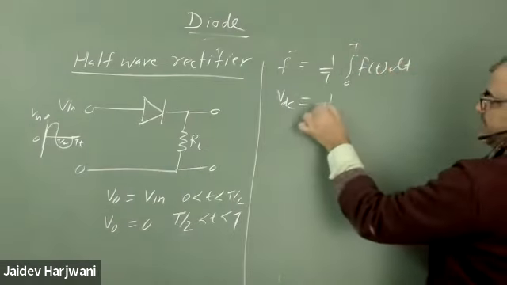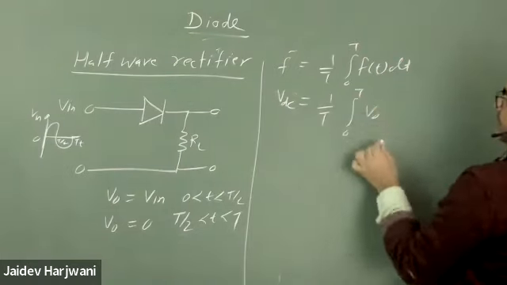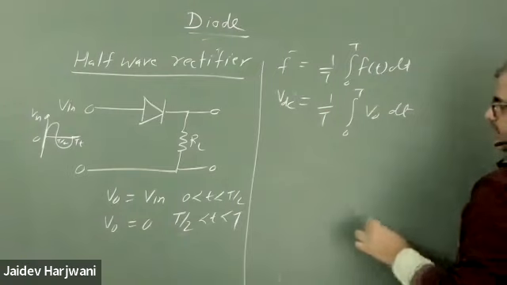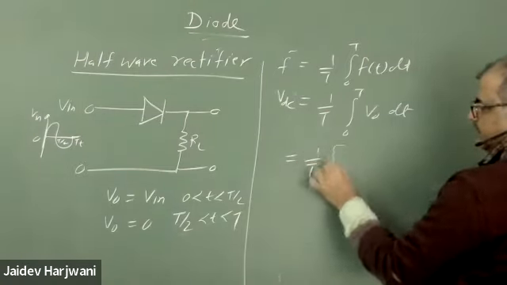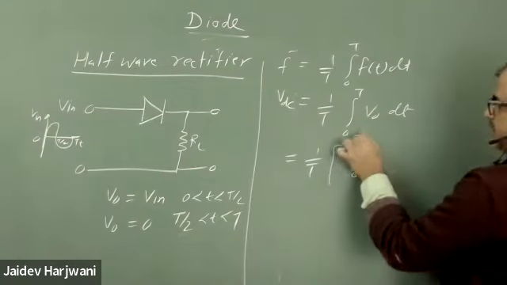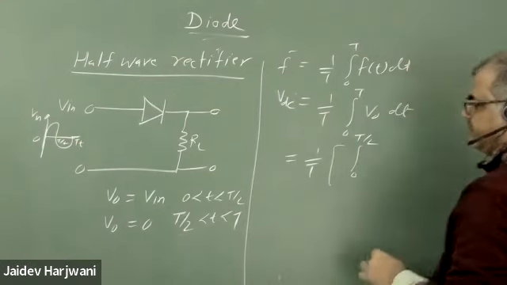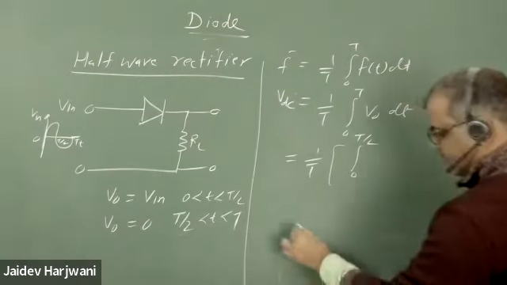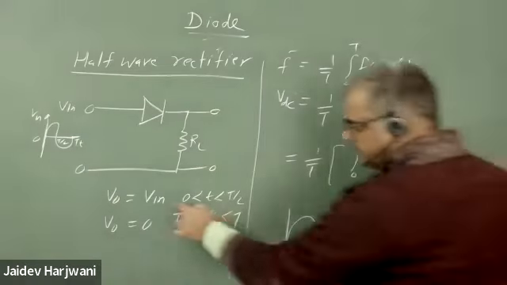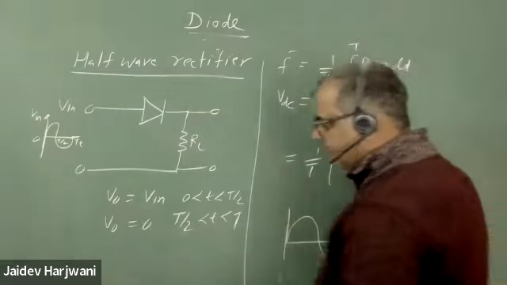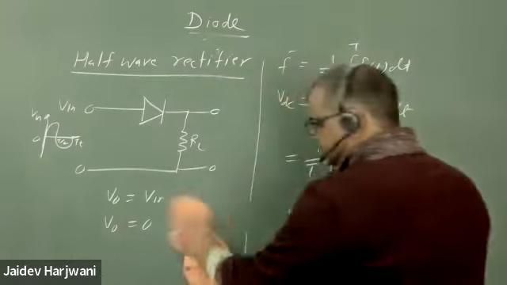So here I can write 1 by T, integral 0 to T of V naught dt. Now from 0 to T by 2, what is my V naught? I have just drawn this curve. My V naught is equal to V input, which is Vm sin omega t.